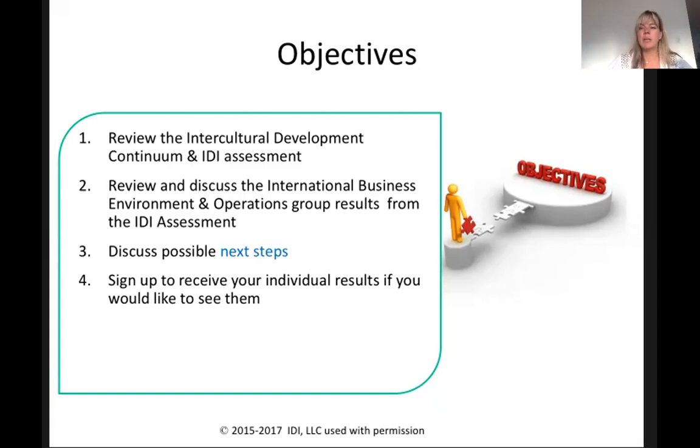We're going to talk specifically about the group results for this class. My apologies, it's not the International Business Environment and Operations class, but that was a class I did previously, but the same idea. Then we're going to talk about possible next steps. And then if you'd like to know your individual results one-on-one, you can email me and I can share them with you, and we can meet if you'd like to meet to discuss.